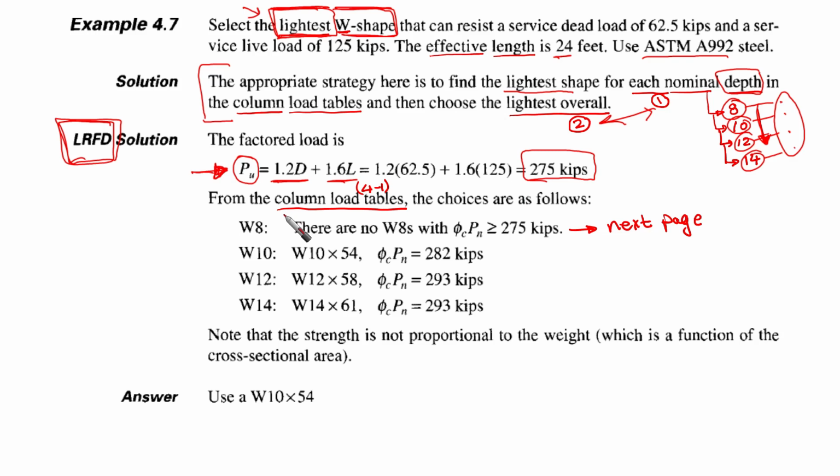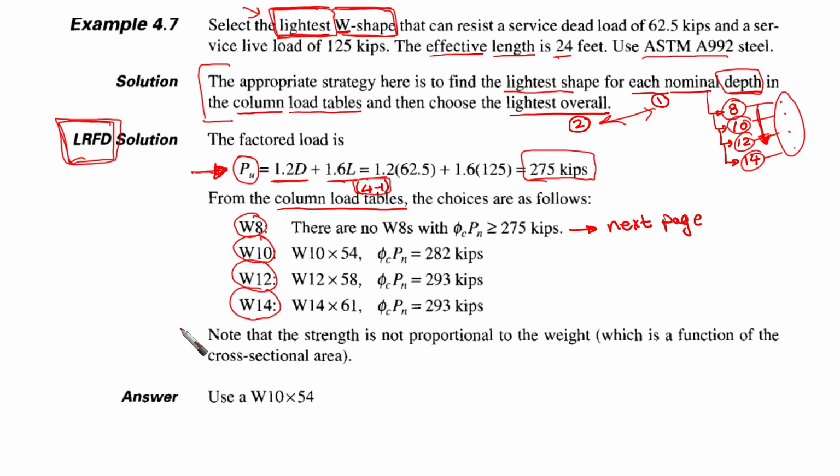From the column load tables, which is Table 4-1, we're talking about wide shapes here, or wide flanges. So the choices are as follows. This is the nominal depth that can be found in the manual. Please stop the video here and go to your manual and check what I'm saying.